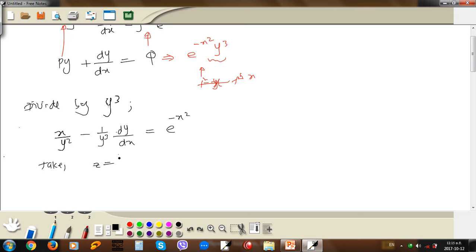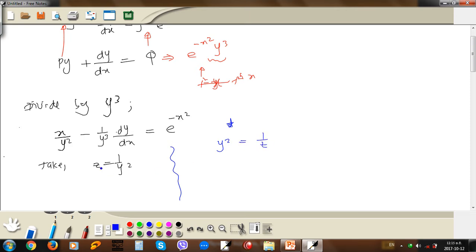z equals 1 over y to the power 2, right? If I take z equals that, then I am going to find dy by dx. So y to the power 2 equals 1 over z, no?